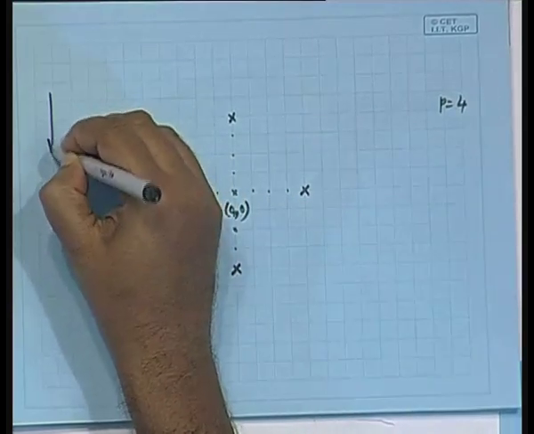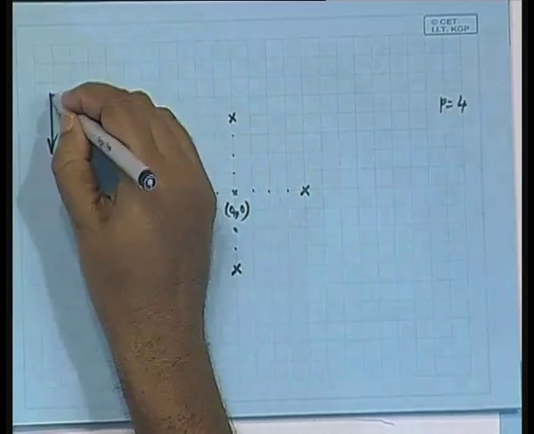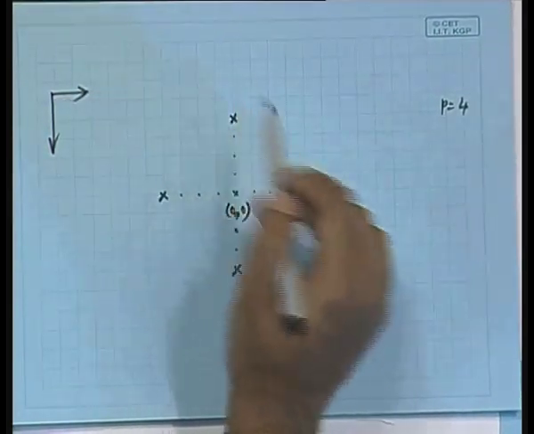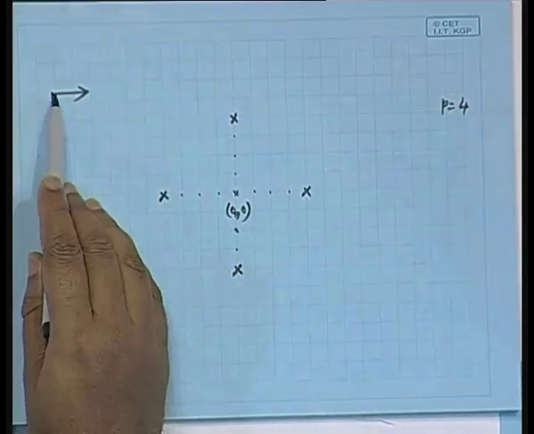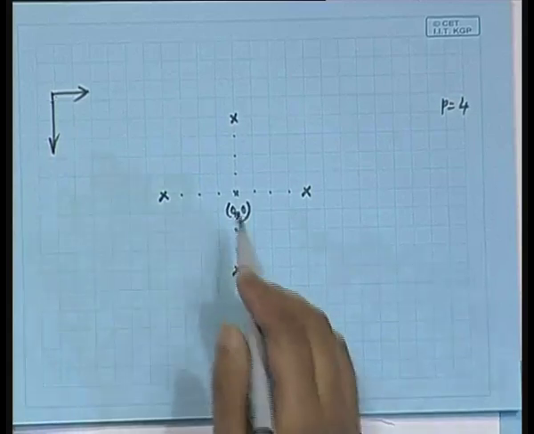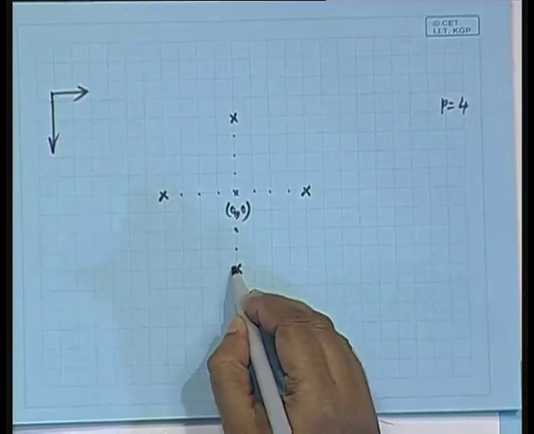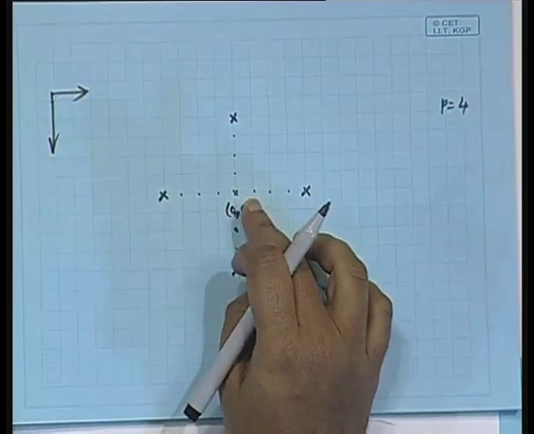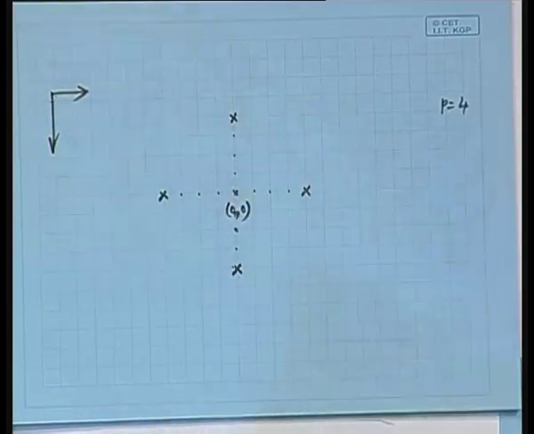If we follow the convention that going this way makes it positive and going this way makes it positive, in that case this is p 0, and this is 0 p, and this one is 0 minus p.